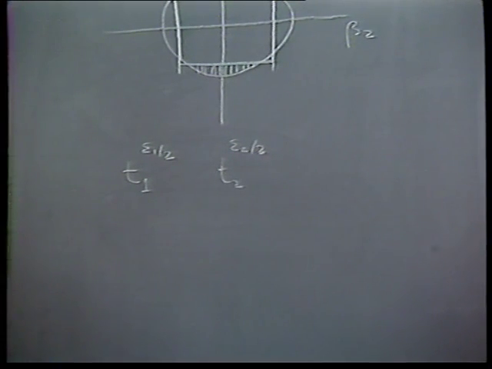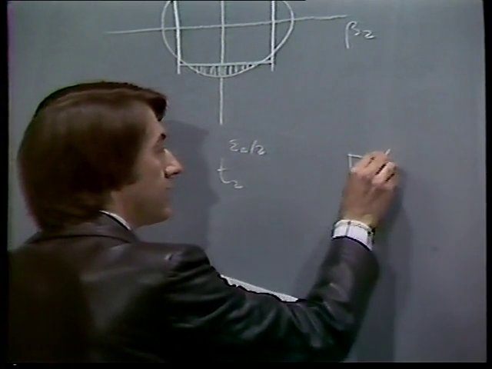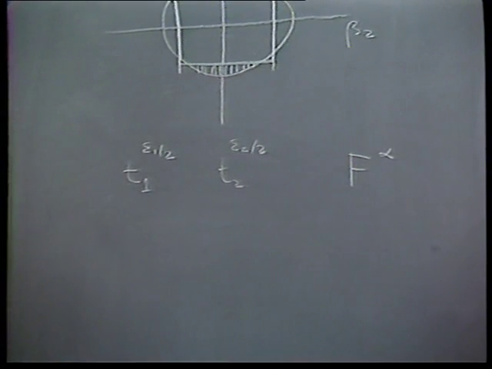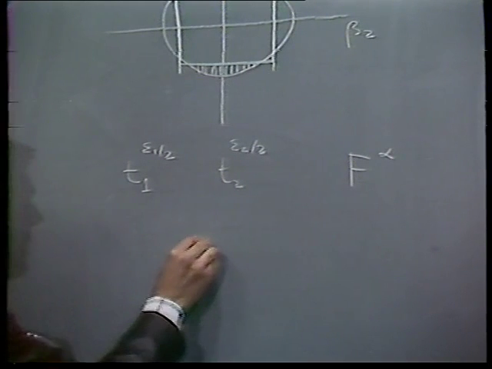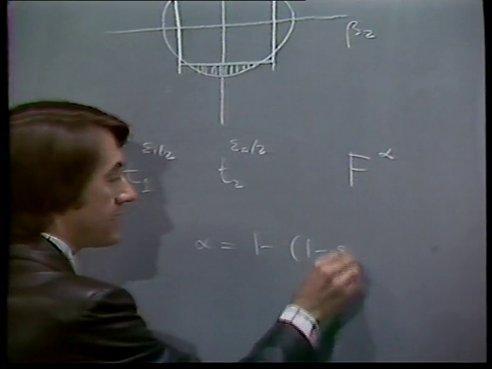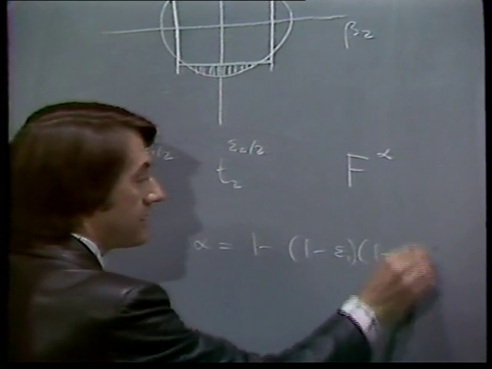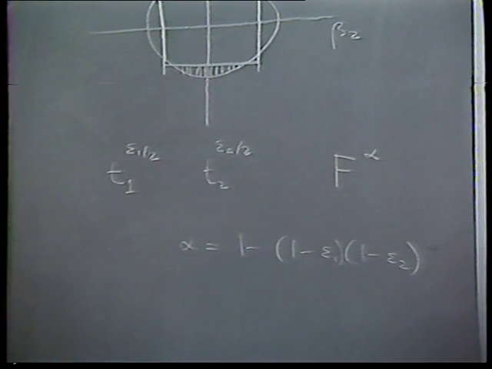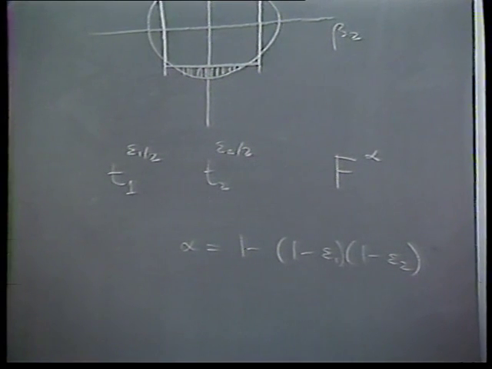Then the appropriate choice of the alpha significance level for the f-test is given by alpha is equal to 1 minus epsilon 1 into 1 minus epsilon 2. And that comes about because the tests T1 and T2 are independent in this particular structure.